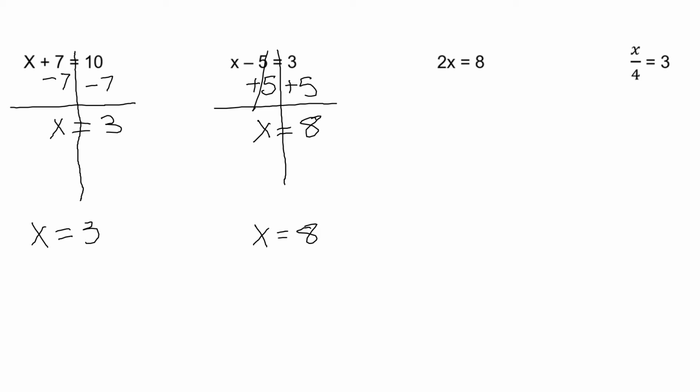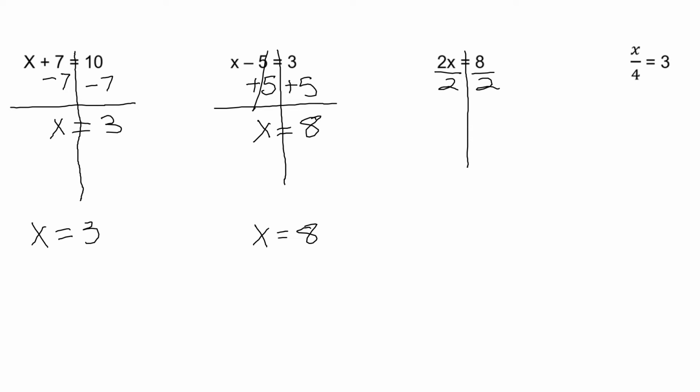On the next one, again, draw your line through the equal sign if you need to keep track. We have 2x equals 8. So we have 2x. So what's happening with that 2 and the x? It's being multiplied. And what's the opposite of multiplication? Division. So we're going to divide by 2. So we're going to divide both sides by 2.